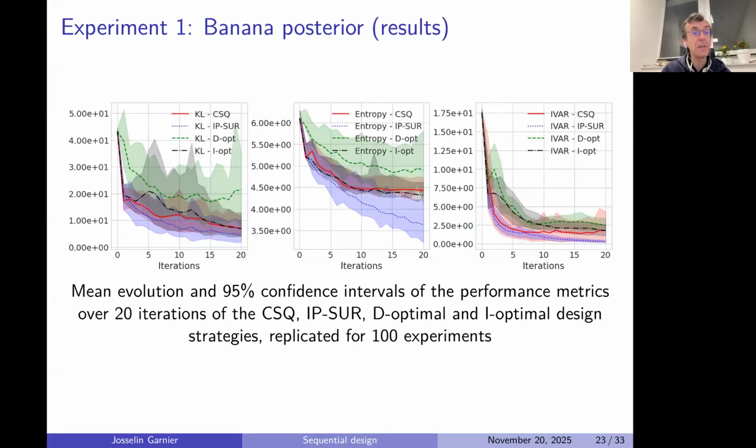In this case, you can compare all sequential design strategies with respect to all performance metrics: Kullback-Leibler, entropy, and IVAR, which is our metric of uncertainty. Of course, IPSure is optimal for IVAR. It's designed for that.